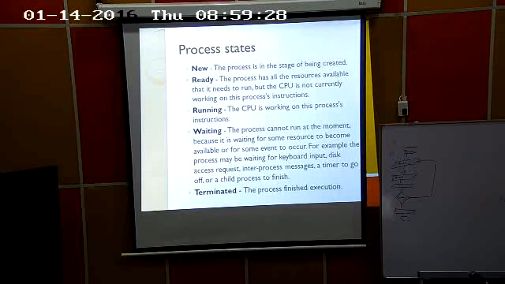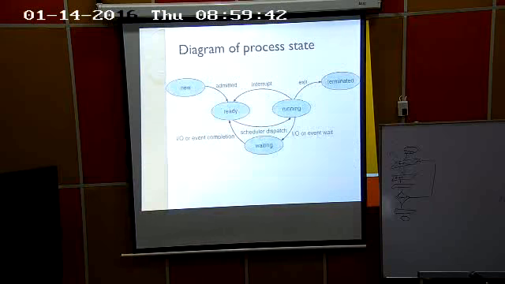Waiting: the process cannot run at the moment because it is waiting for some resources to be available, or terminated when the process is complete. Okay, new, ready. After being created as new, it is ready. However, it is still not being executed. Only ready.